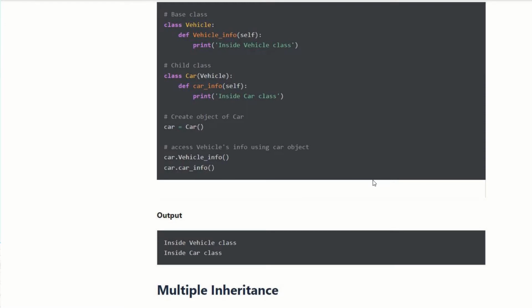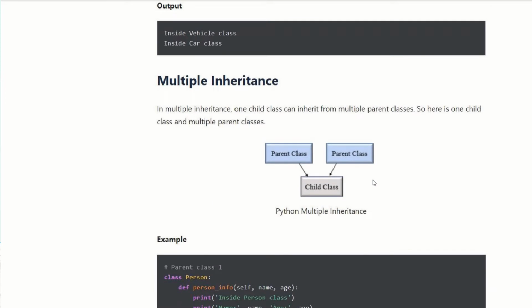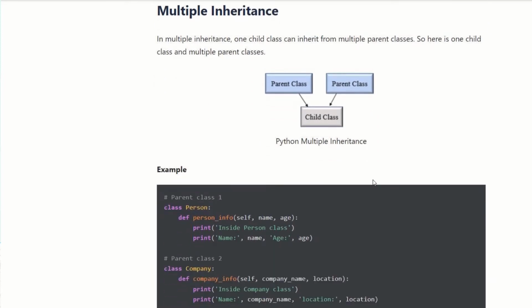So the next type of inheritance is the multiple inheritance. In this type of inheritance, one child class can inherit from multiple parent classes. Si child class maka-inherit or maka-acquire sa duha or tulo ka parent classes.